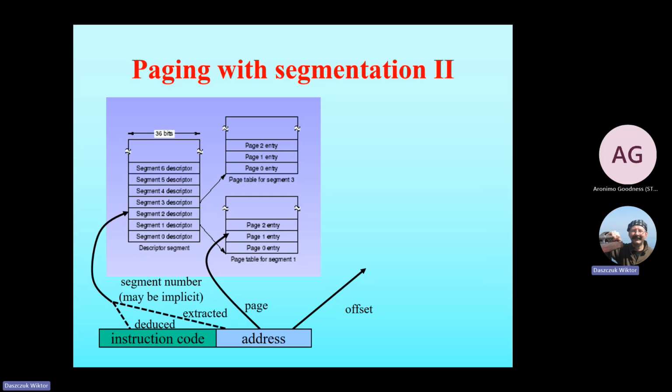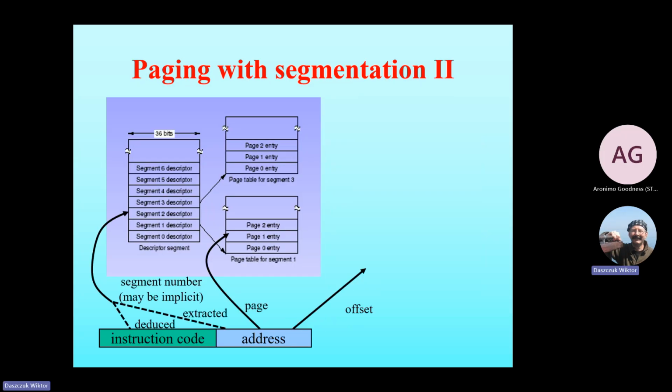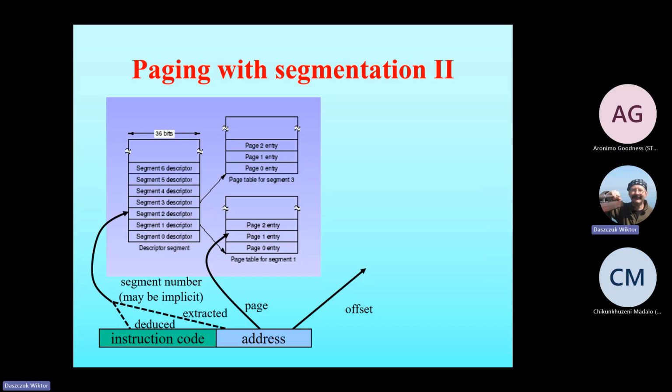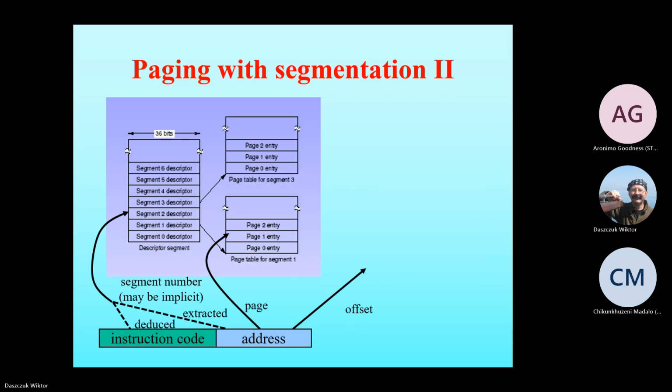This is a table of segments, and segments are of different lengths. So every segment descriptor has a segment size field. And every segment descriptor has the address of its page index table that stores the addresses of the frames for pages.